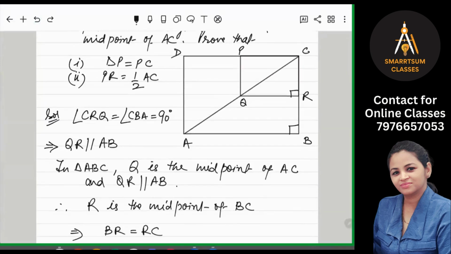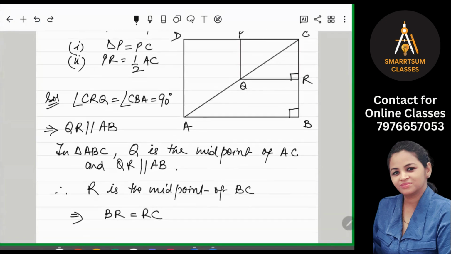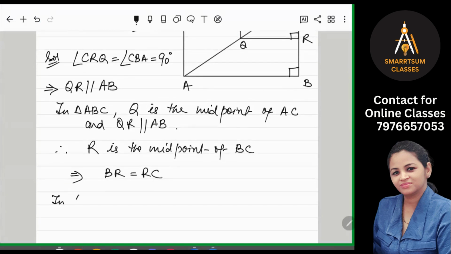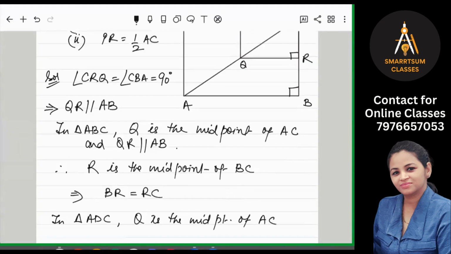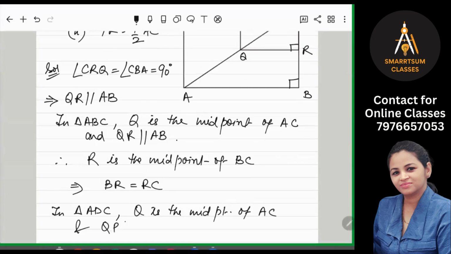Now, in the same way, consider another triangle ADC. In triangle ADC, Q is the midpoint of AC, right? And QP is parallel to AD. Getting that?